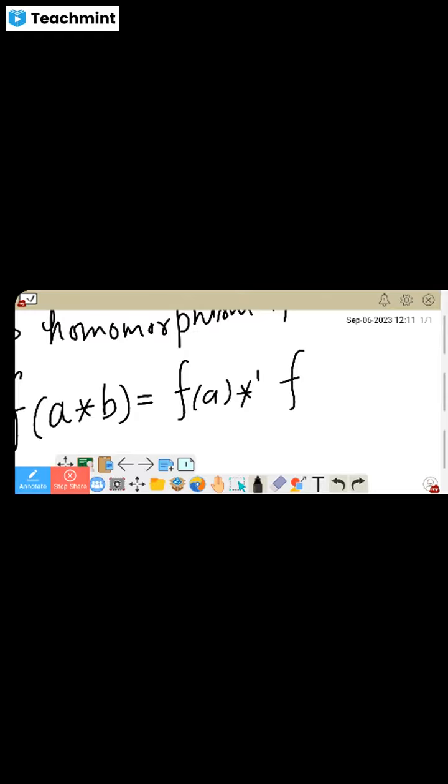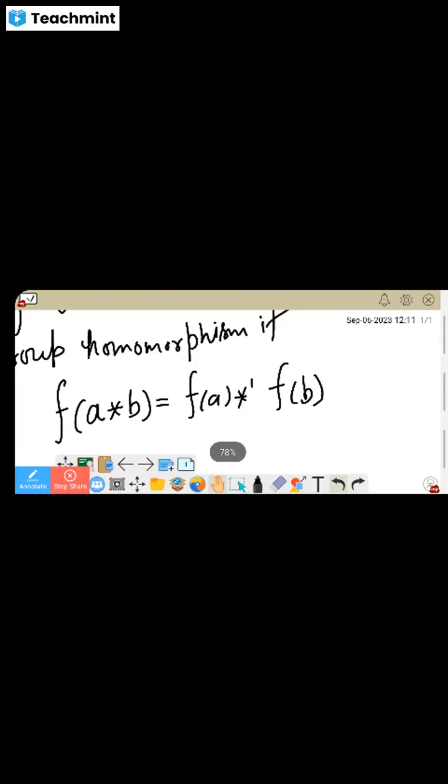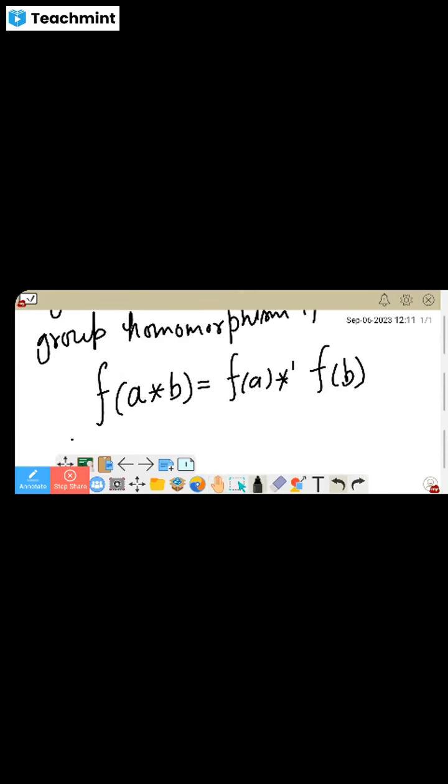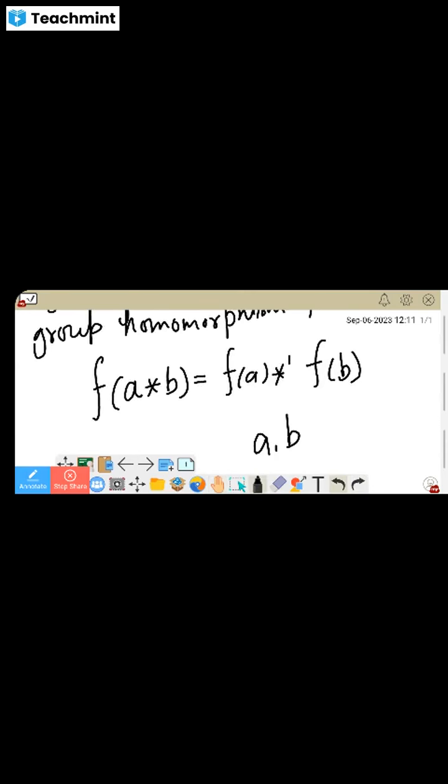Then we can say this is a group homomorphism from G to G dash. This mapping is said to be a group homomorphism, and we can define it like this, where A and B belong to G, meaning the first group.